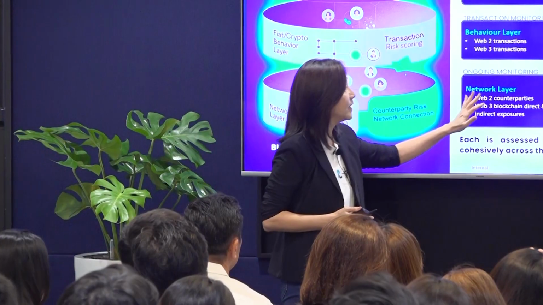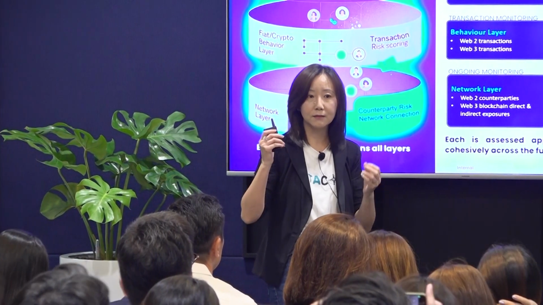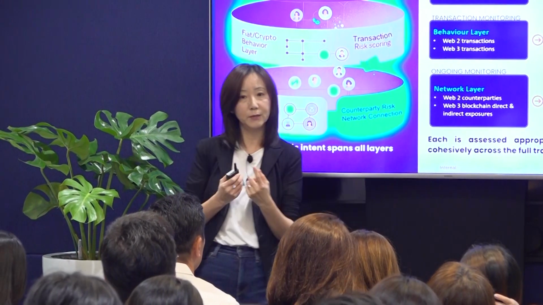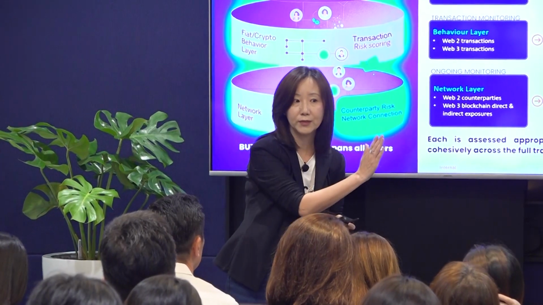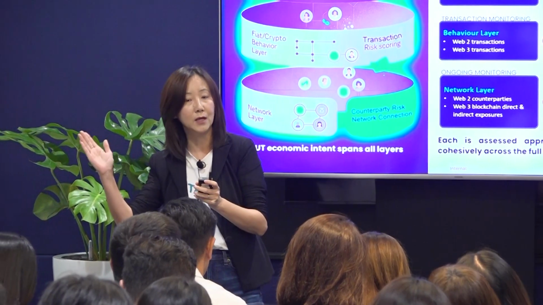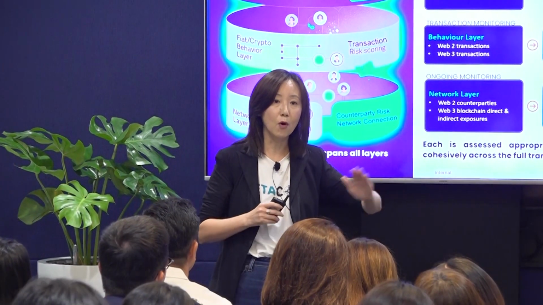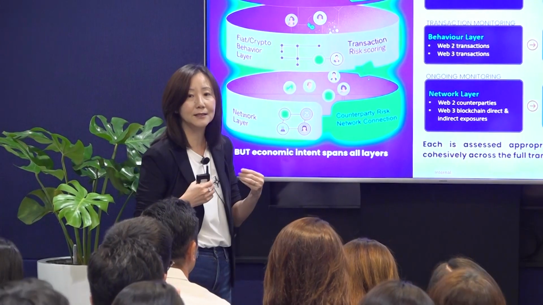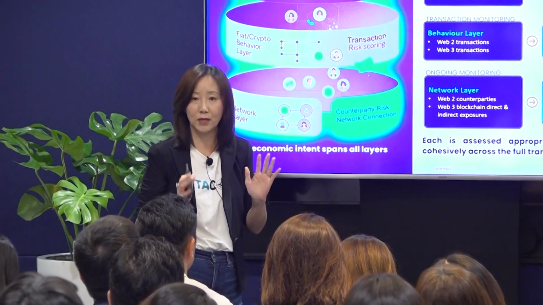But with this network layer, because we can link up the bank accounts the client owns with the wallets the client owns, we use the customer information as the bridge. Then we connect the 2 dots, the wallet from the Web3 side and the bank account from the Web2 side. And because the Web3 side can have more direct and indirect exposure, this enables us to better understand the clients and their counterparties, not just the direct ones.